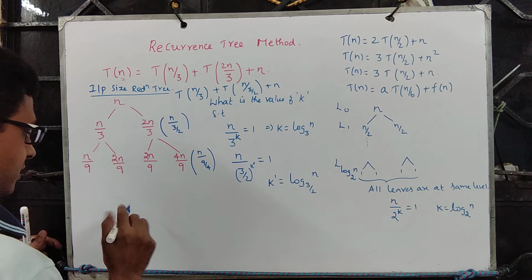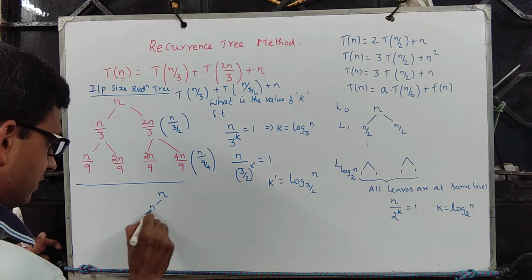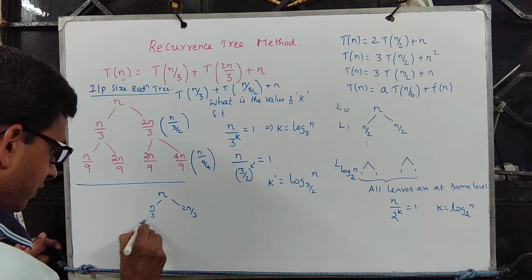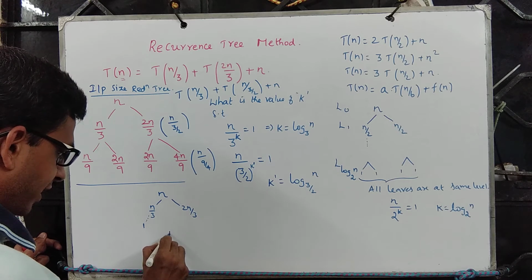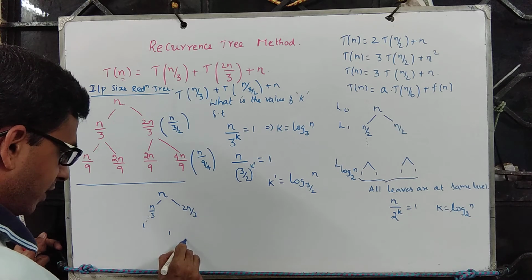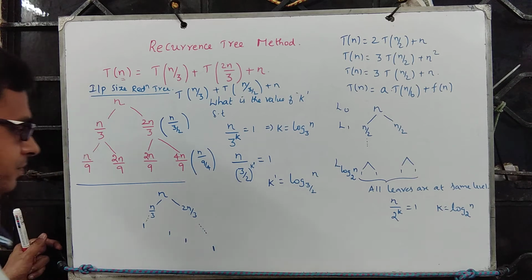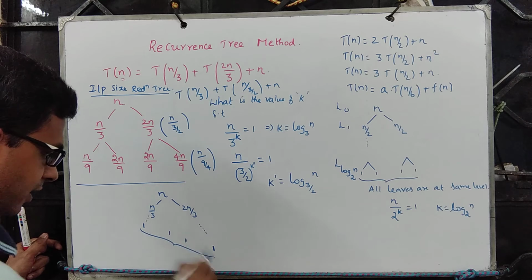If you look at this tree, it starts at n, then it becomes n by 3, 2n by 3. After a while it may hit 1 here, then some other subtree may hit 1 here, some other subtree may hit 1 here, and this one goes on and hits 1 over here. That shows that the leaves are distributed.